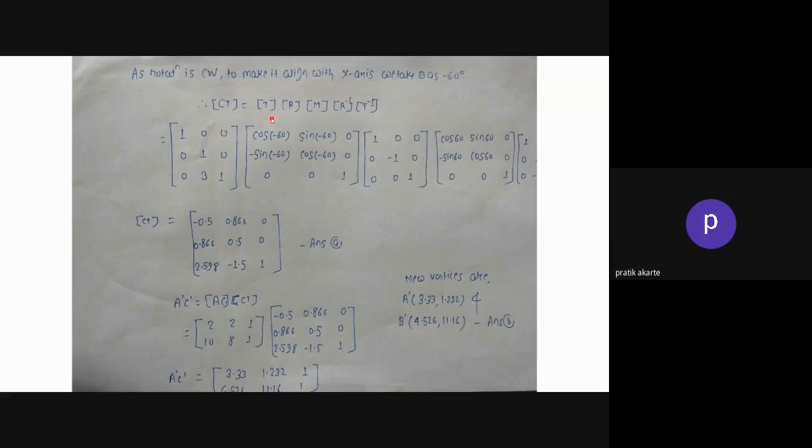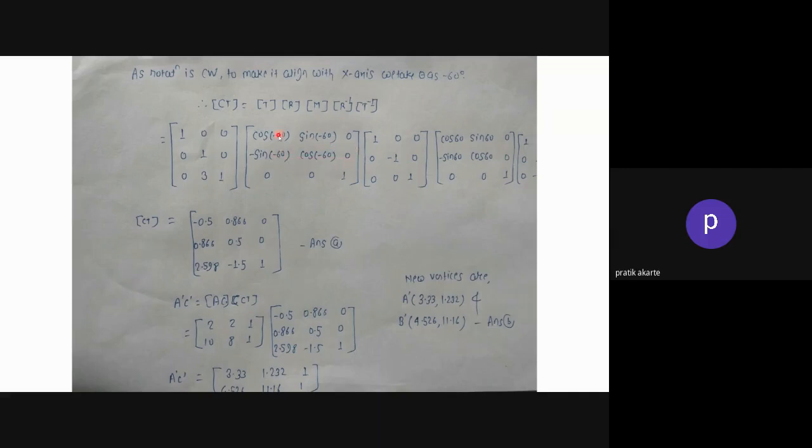So the translational matrix is 1 0 0, 0 1 0, and here we are not doing anything in x, and this is plus 3. Why? Because in the equation of the line, y = mx minus 3 is given, that's why we make it plus 3. Then we have cos minus 60, sin minus 60, 0, minus sin minus 60, cos minus 60, and 0.